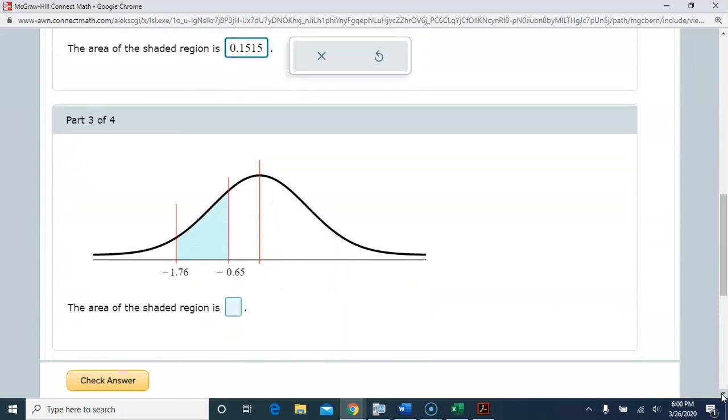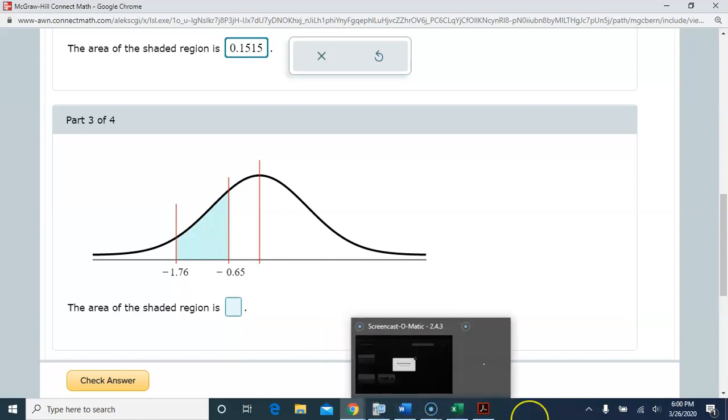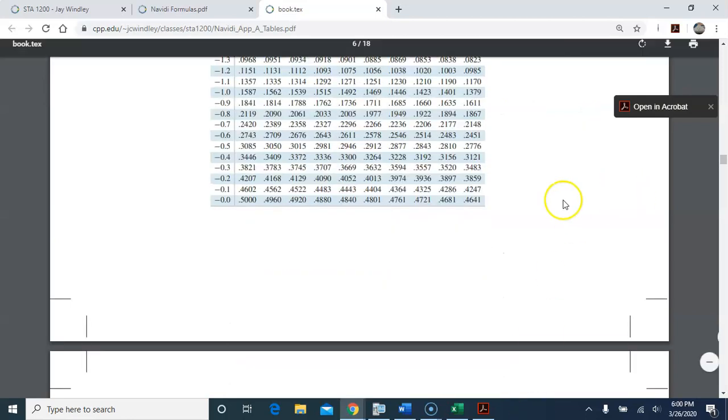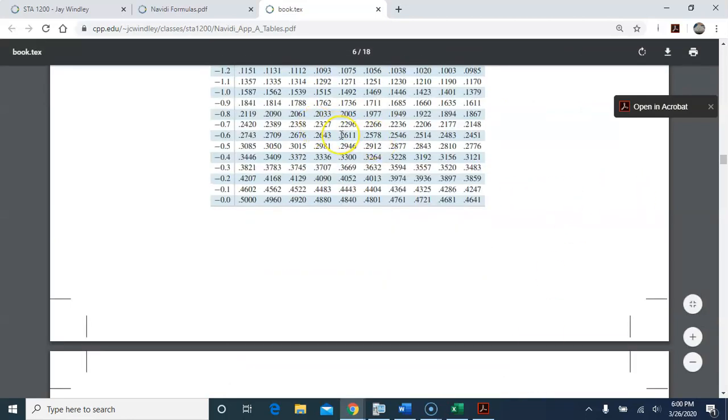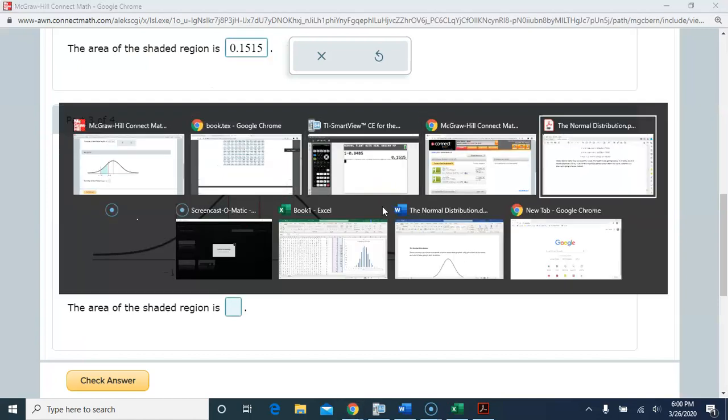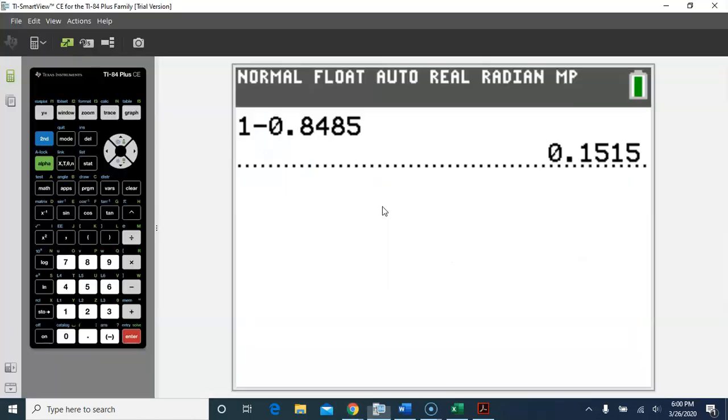And then this one is in between, so I've got to look up two different z-scores on the table. I've got to look up a z-score of negative 0.65. So negative 0.65 takes me to right here, 0.2578.